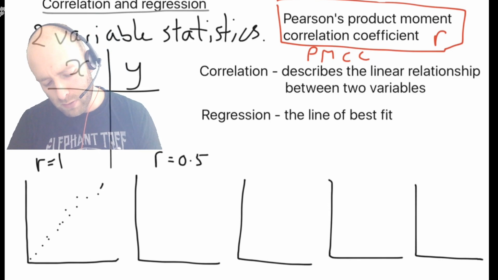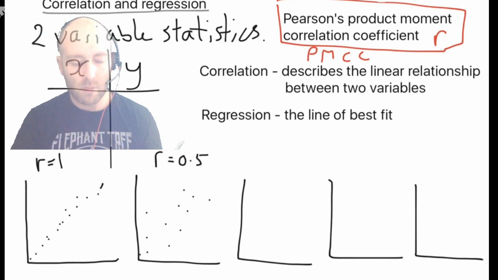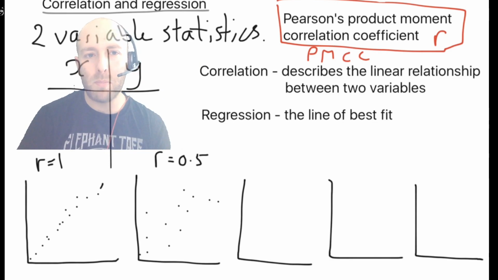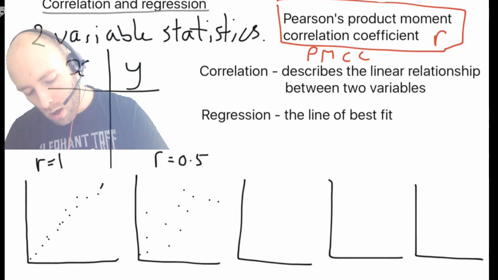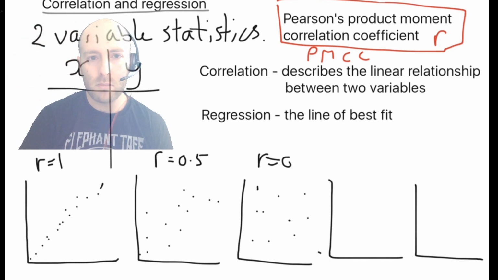It's much more wavy. You can kind of see a line in there. It's got a trend, but it's a bit messy. R is 0 would be no correlation. So random. You can't draw a line in there. A line wouldn't make any sense.